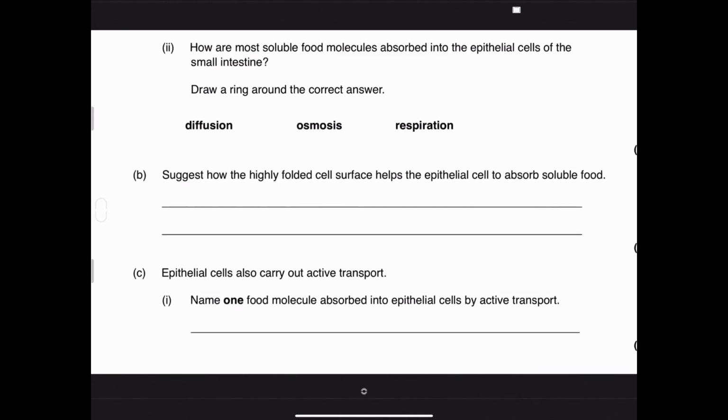So it's asking us to choose from diffusion, osmosis, or respiration. I want you to pause the video and go through these 3 questions. Go back to the diagram on the video just to recap, to refresh your memory, and I want you to attempt to answer these 3 exam questions.